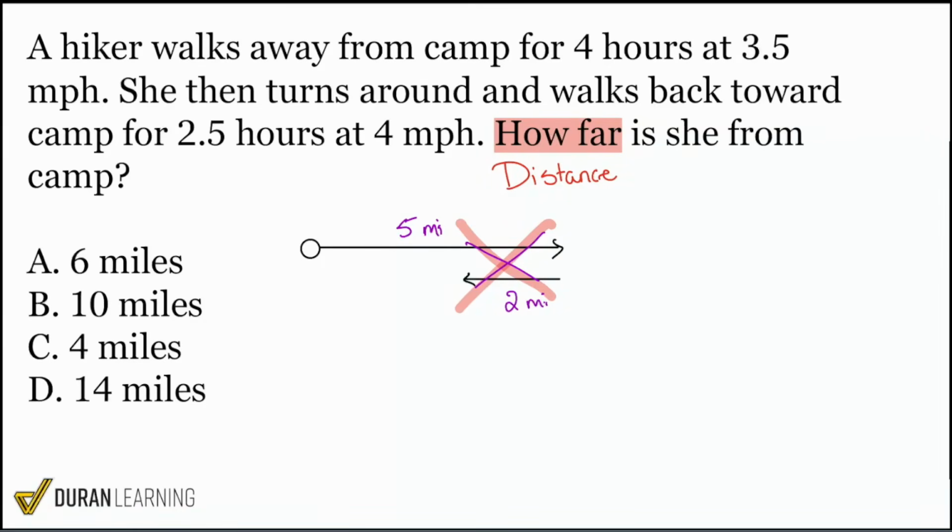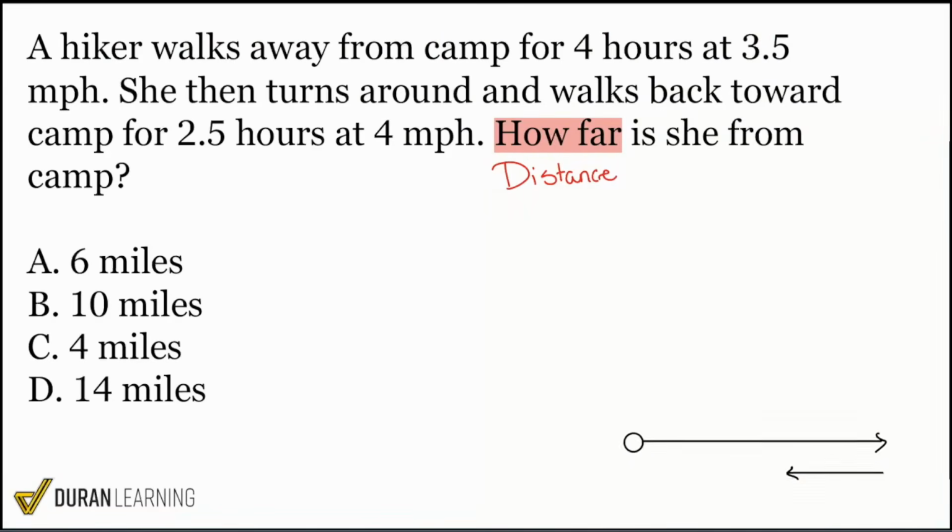So let's put in the proper numbers here. Let's get all this out of the way, and let's phrase this properly. So here, the hiker walks away from camp for 4 hours at 3.5 miles per hour. Okay, cool. I'll move this out of the way, and I'll just write "away," moving away from camp. Our time is 4 hours.